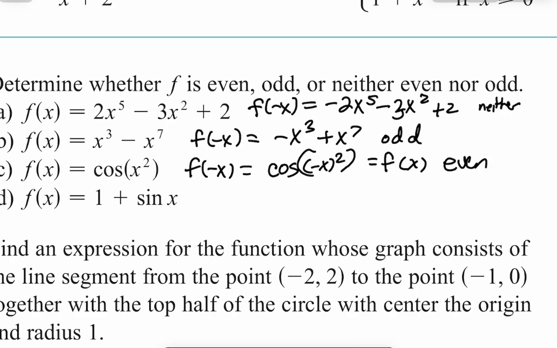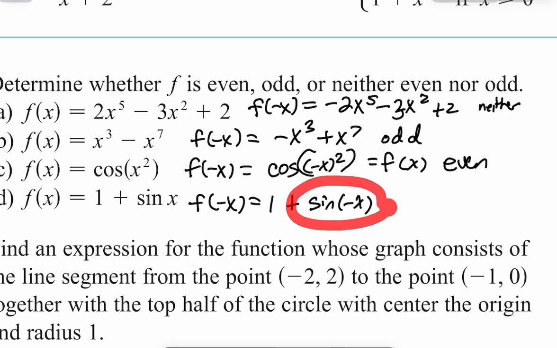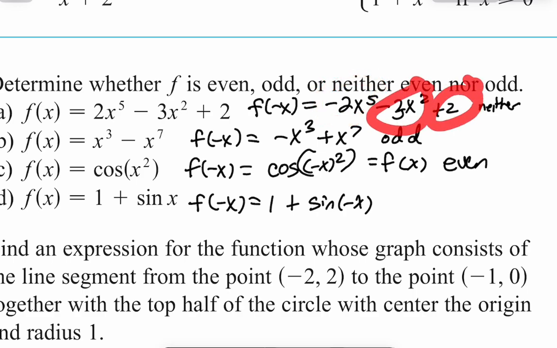So normally I would say that this one is odd, but an odd function has to go through the origin. You can't have a piece that's odd and a piece that's even. Like these ones up here, that's an odd term. These are even terms. That's why it's neither one or the other.